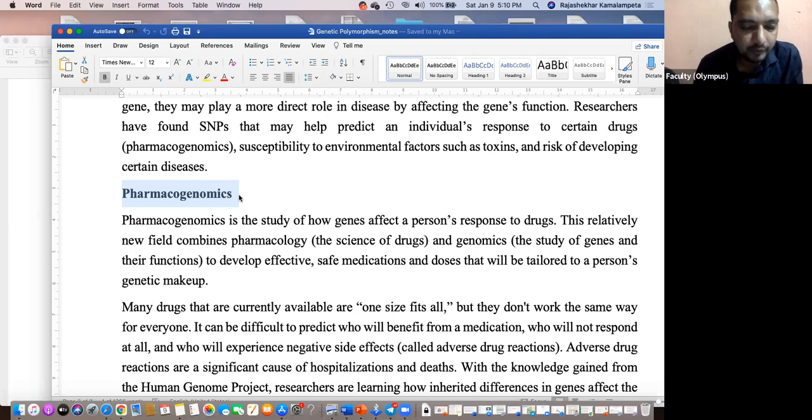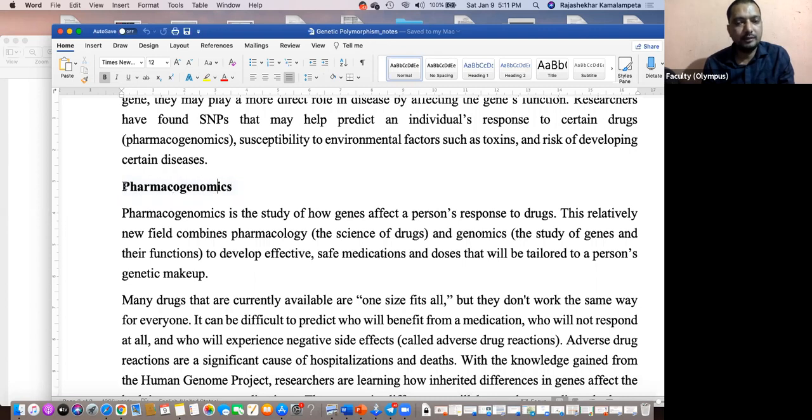So how do we use genomics in pharmacology? Pharmacology means the study of drugs, right? Genomics means the study of DNA sequences, genomic information. So nowadays, what are we doing? Based on our knowledge about genomic sequences, we are hearing about this, right? I know the coronavirus strain's DNA or RNA sequence. I know the sequence of HIV.